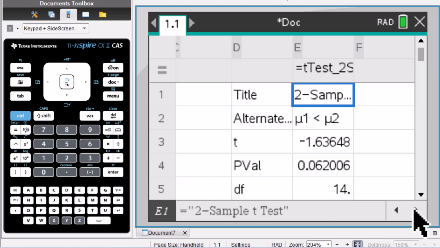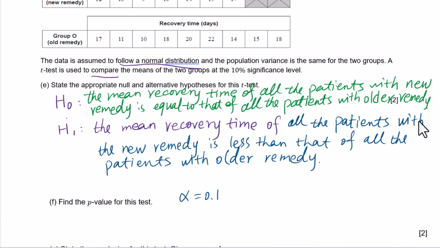Enter. You need to write down all these three pieces of information. T equals -1.64. P-value equals 0.0620. Degrees of freedom equals 14.